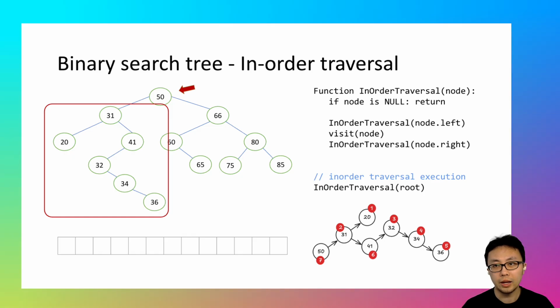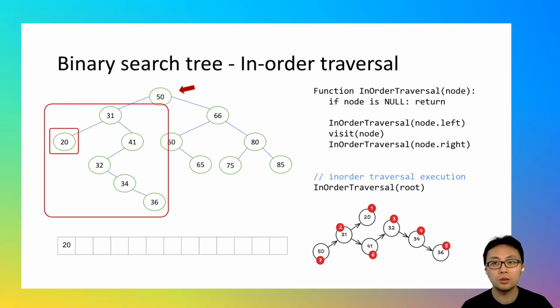Now let's go over the execution order one node after another for at least the left subtree. Node 20 is the first node to be processed, or say its value will be the first one to be stored into this array, because it is at the most left side, like this.